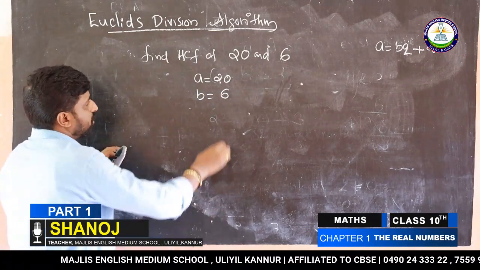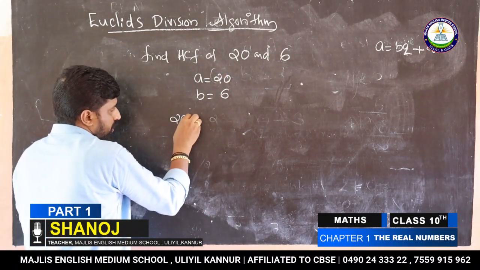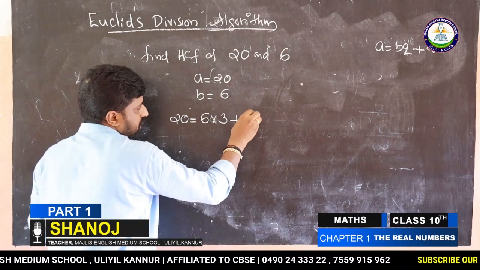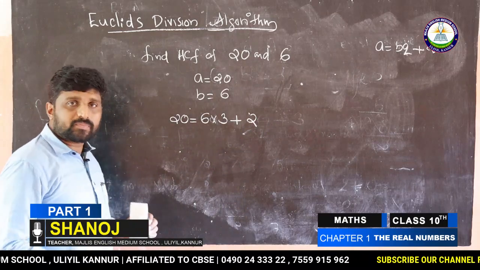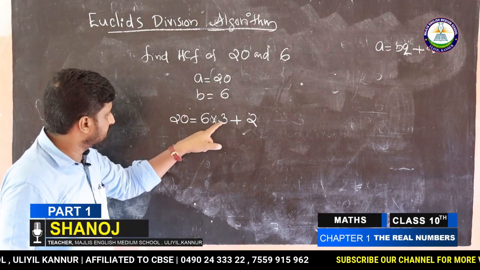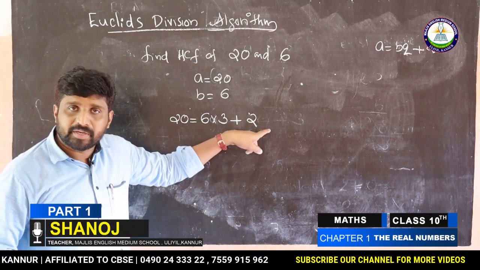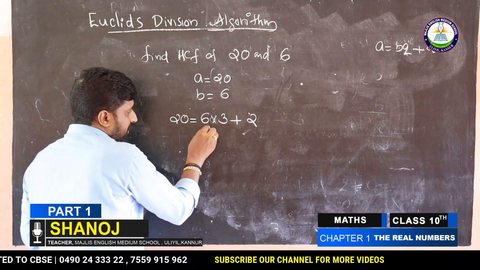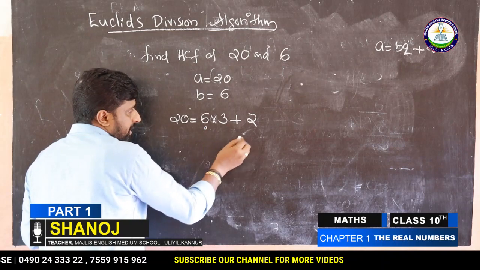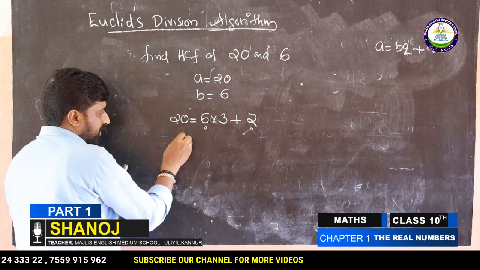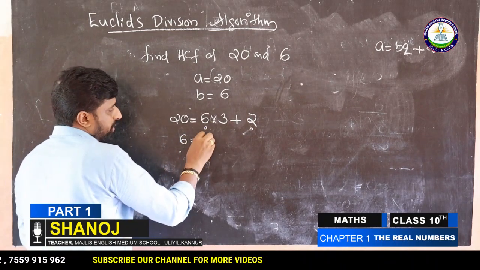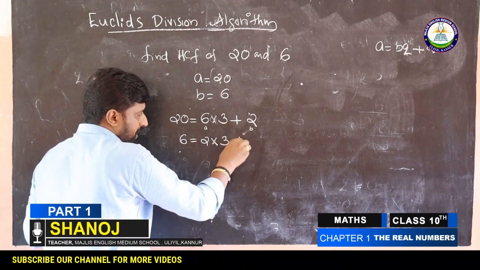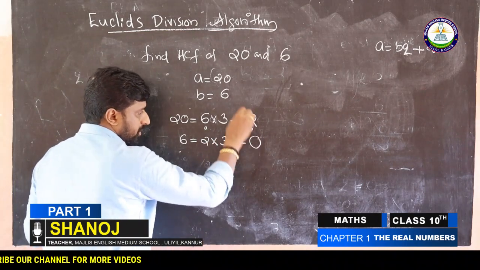In the normal division, this 20 can be expressed like this: 20 equal to 6 into 3 plus 2. When we are dividing 20 by 6, the quotient is 3 and the remainder is 2. After that, we can consider the next step, where 6 is a and 2 is b. Therefore, 6 can be expressed as 6 equal to 2 into 3 plus, what's the remainder?